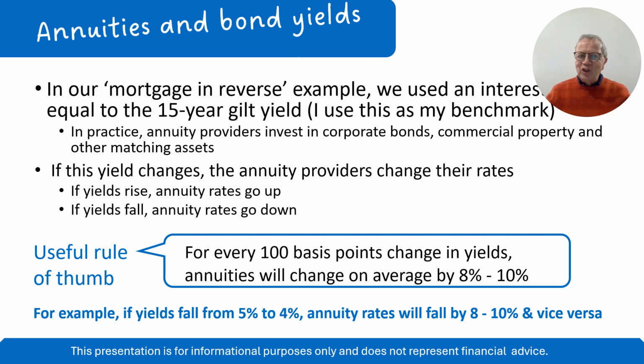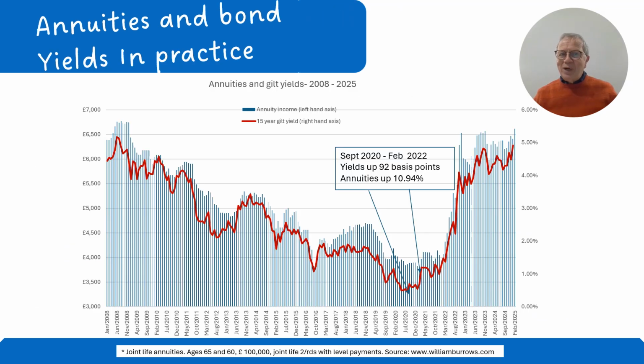Now there's a useful rule of thumb: for every 100 basis points change in yield, annuities will change on average by 8 or 10%. There you go, I'm using jargon again, basis points. 100 basis points is the way of describing a change in yields from, say, 5 to 4%. So a 1% change in interest rates or yields is described as 100 basis points. We'll look at this in more detail on the next slide, which shows that in practice.